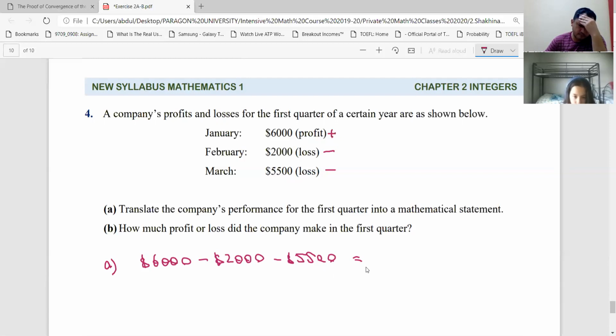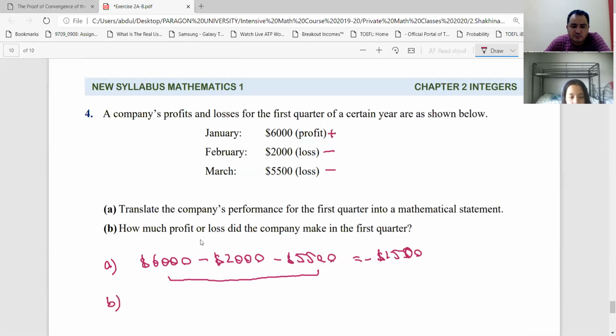Equals negative 1,500. Yes, negative 1,500. So we have translated the company's performance for the first quarter into a mathematical statement. That is how we translate. And we just simplify this.